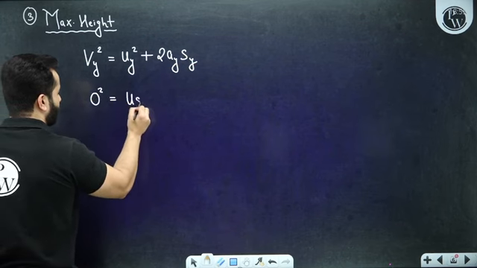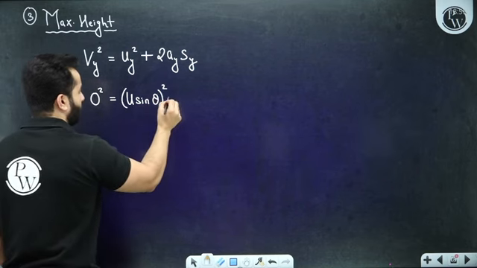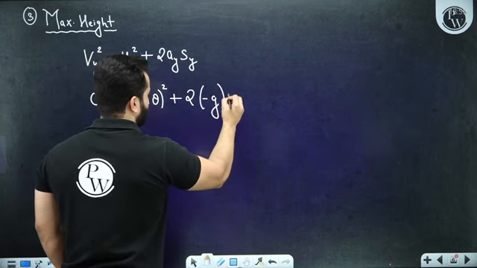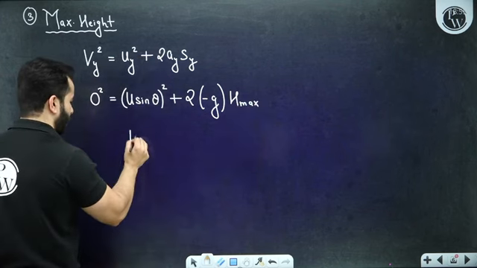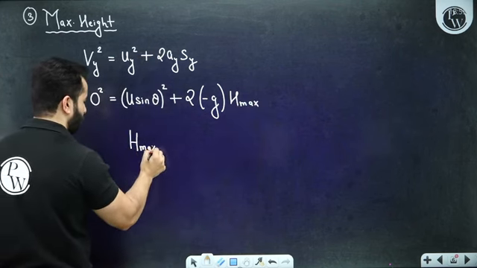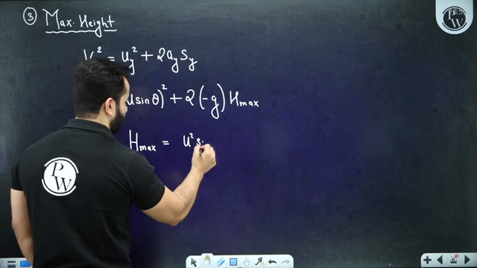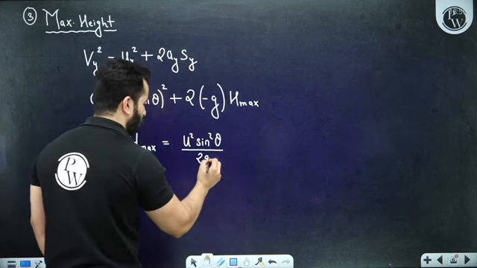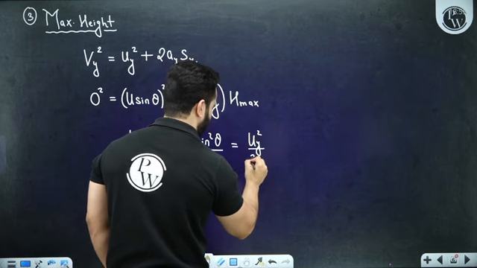Uy square will become u square sine square theta plus 2 minus g, and instead of writing sy, I'm going to write h maximum. So h maximum will become u square sine square theta by 2g, or you can write it as just uy square by 2g.